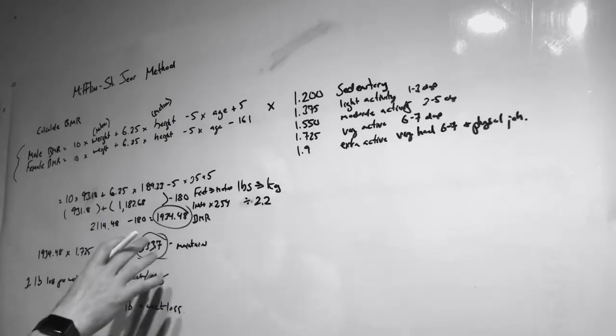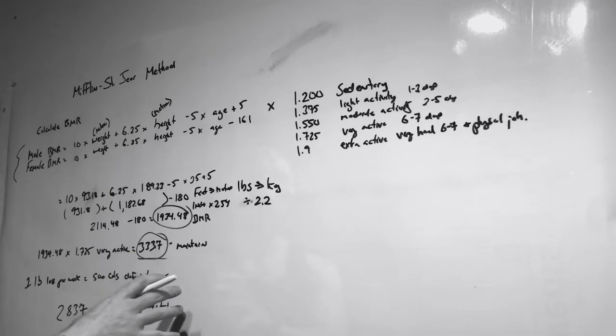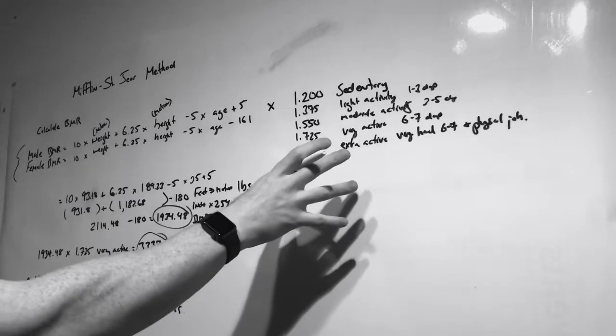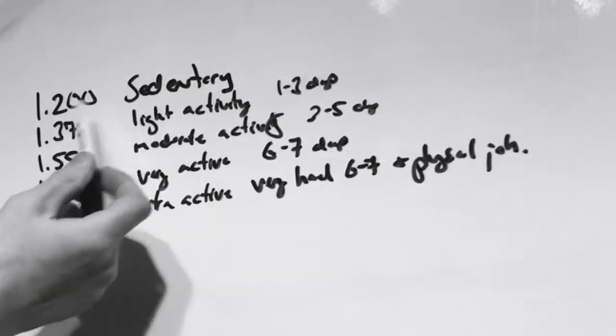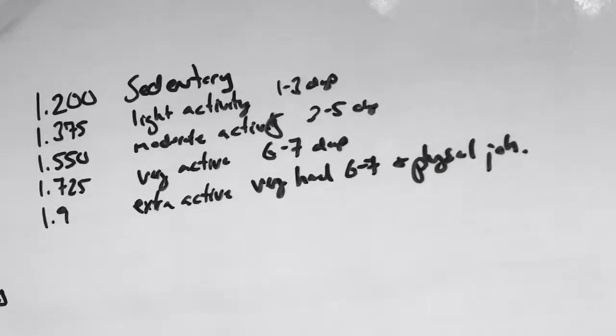Once we have the BMR, then we will multiply it by a modifier here, and that will tell us what our metabolic rate is based on our activity. So if we're sedentary, we're going to multiply the value by 1.2. If we have light activity, so you're working out 1 to 3 days a week, it's 1.375.